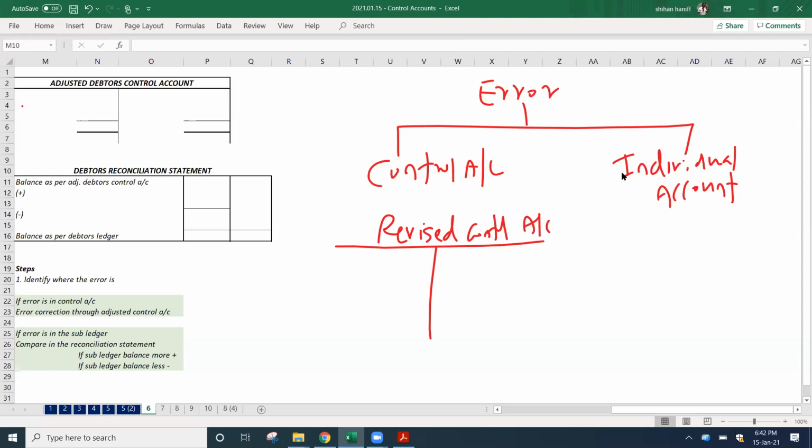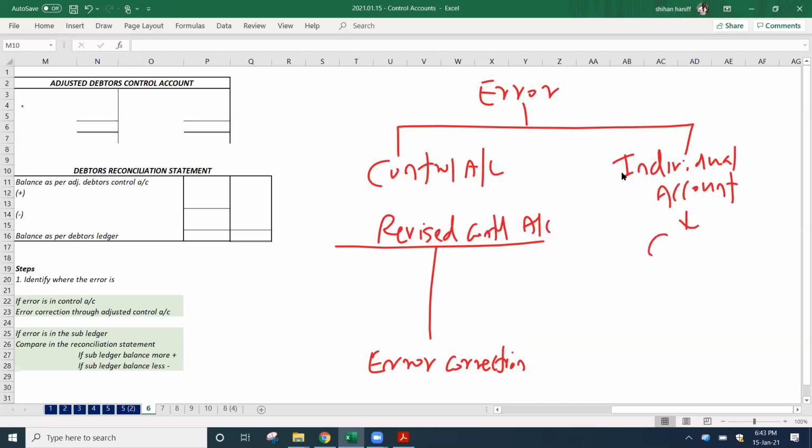This is error correction. This error should be corrected.